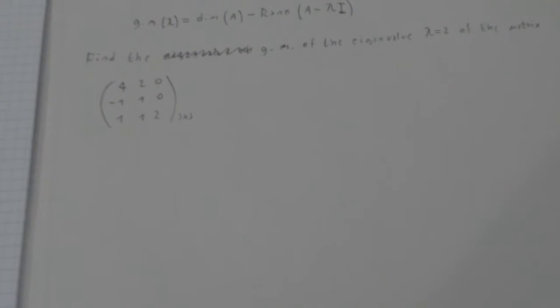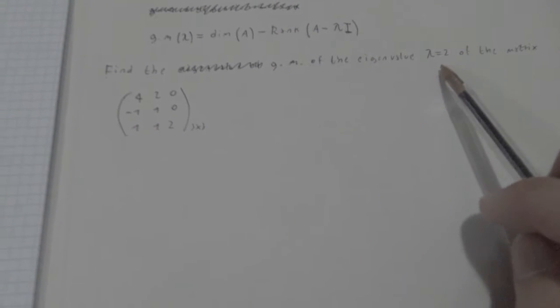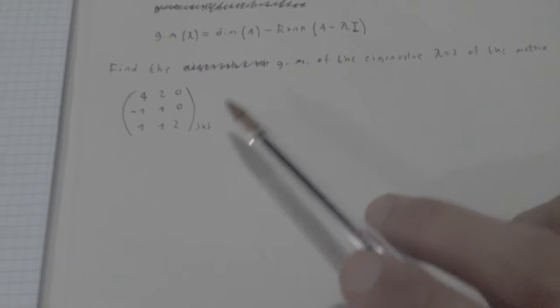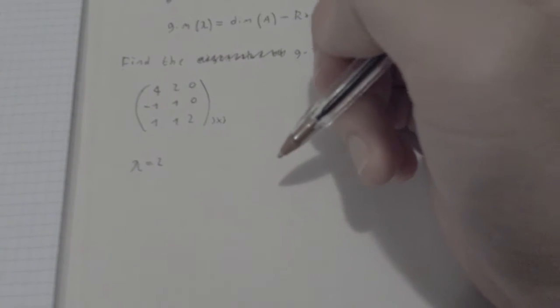So the geometric multiplicity of the eigenvalue lambda equal 2 of this 3 by 3 matrix.